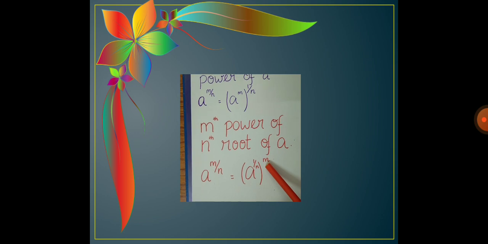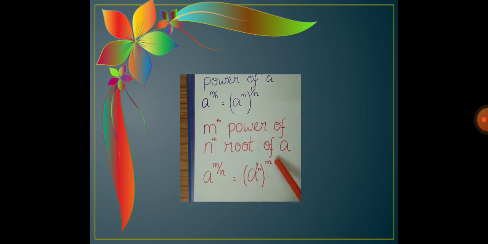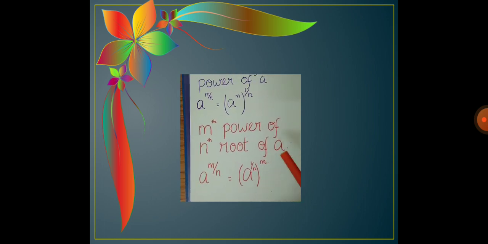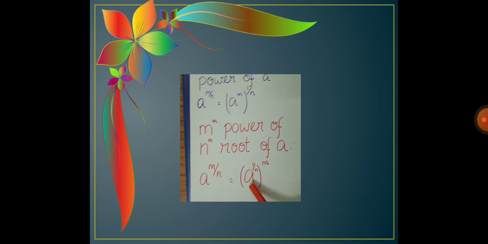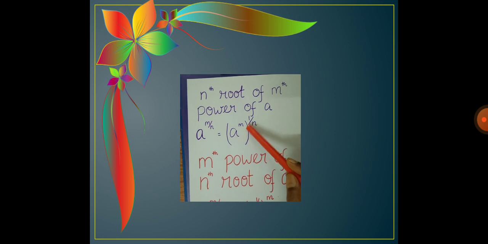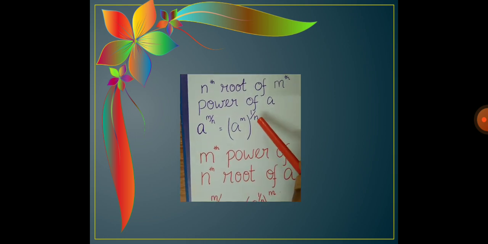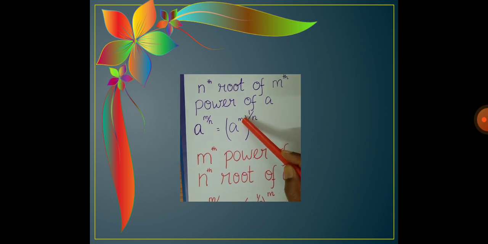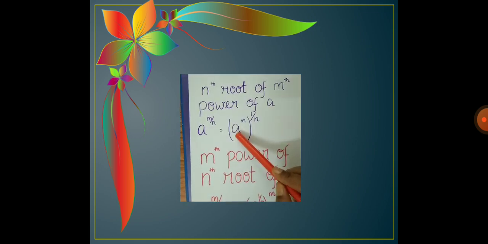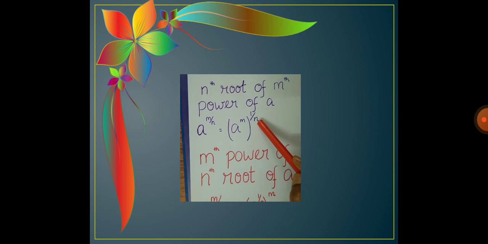This is the power. When you have the power on the outer side, first you see whatever is present on the outer side. Here you have the power, the mth power of the nth root of a. Here you have the nth root of the mth power of a.